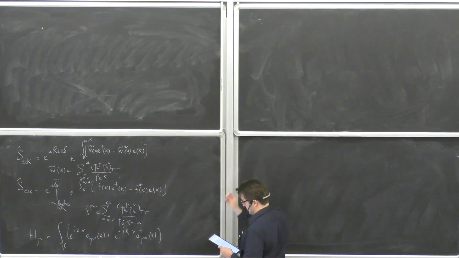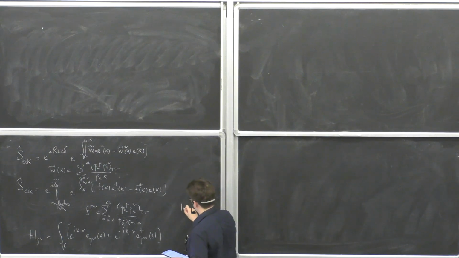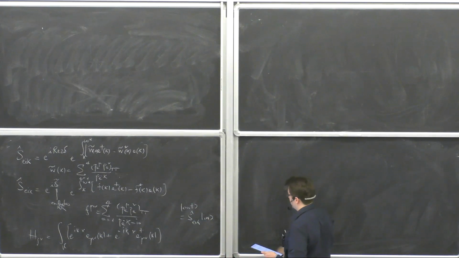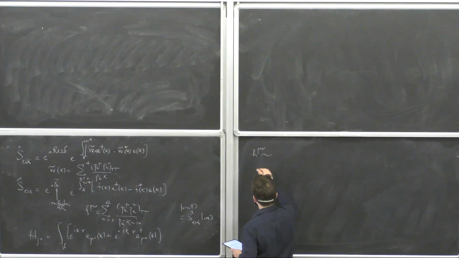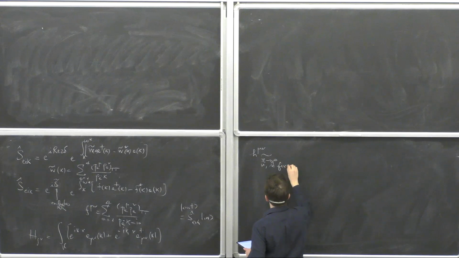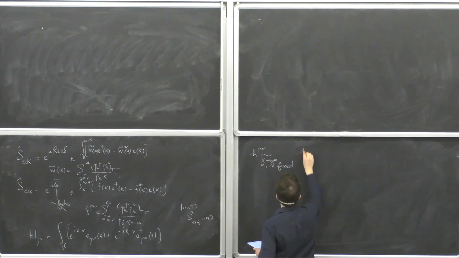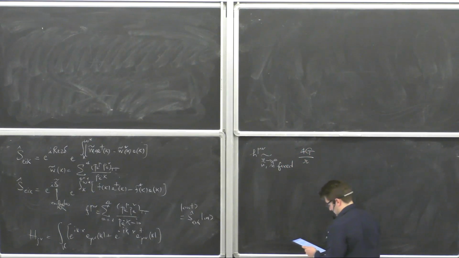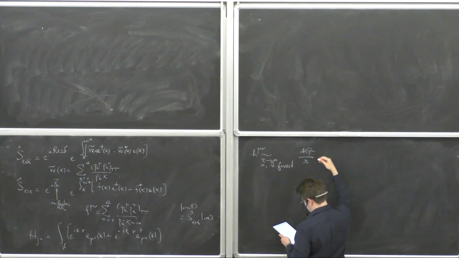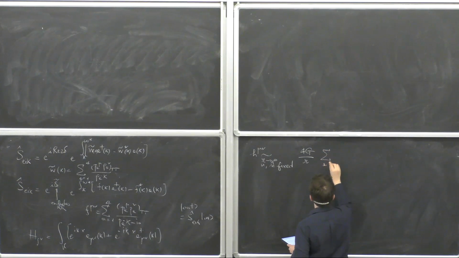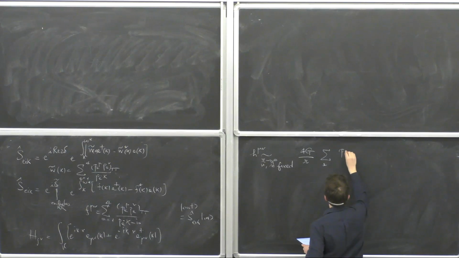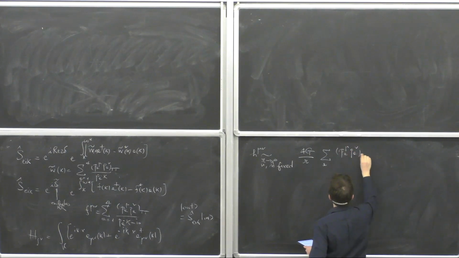Inserting this operator in the out state produced by the action of the eikonal operator on the in state, we arrived at the following prediction for the metric fluctuation. This is just a reminder, right? And 4G over R, and then the TT projection of the sum over A, P_A^mu P_A^nu, TT divided by P_A dot N.